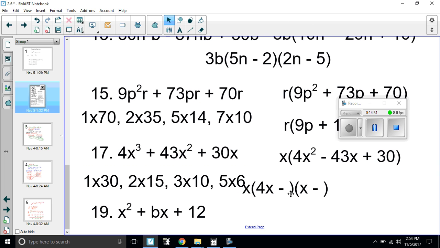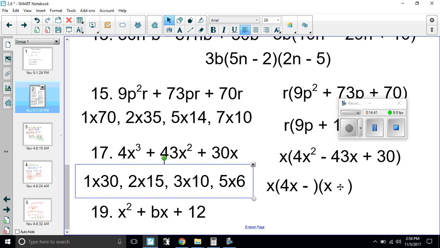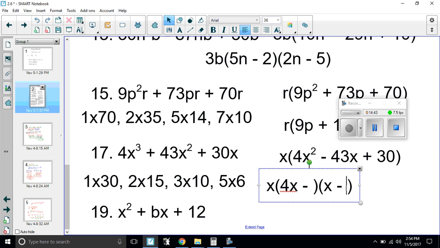So which of these do I think I can plug in here and get 43? I don't think 5 and 6 will work. I think 3 and 10 will, though, because 4x times 10 would be 40x, and then 3 times x would be 3x, so 40x plus 3x is 43x, which is what we need.